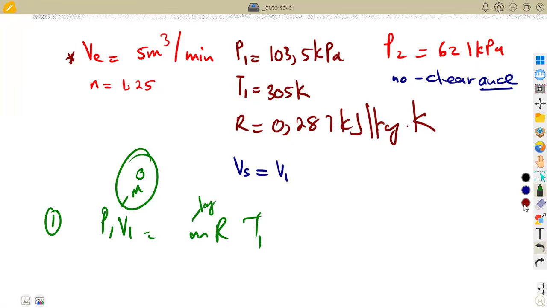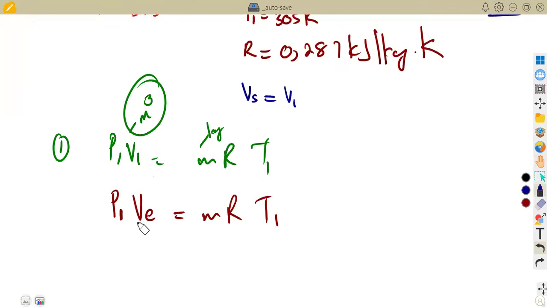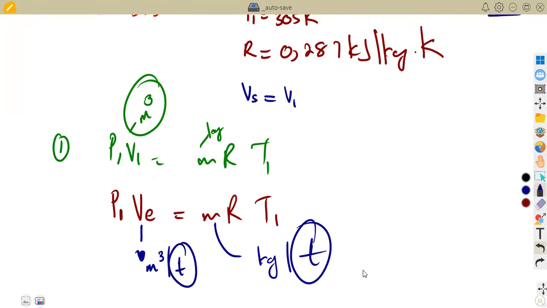But the moment I take, at the same inlet, at the same P1, the inlet volume being the effective volume, we use the same formula, same consideration. But what will change is that this is now the effective volume, cubic meters per unit time, and mass is also kilograms per unit time. These two go hand in hand.